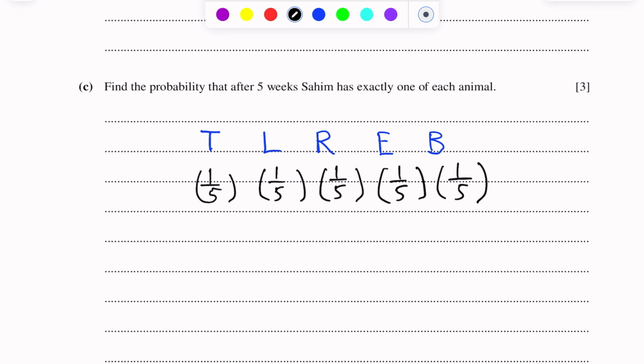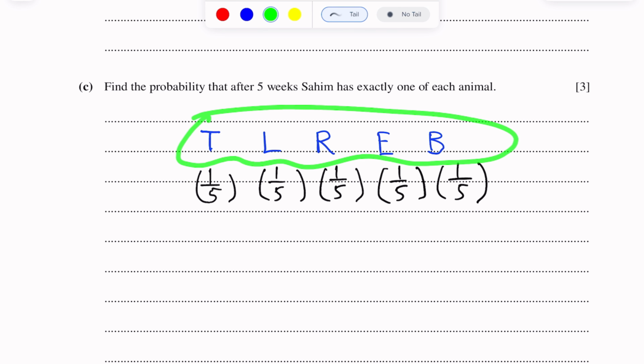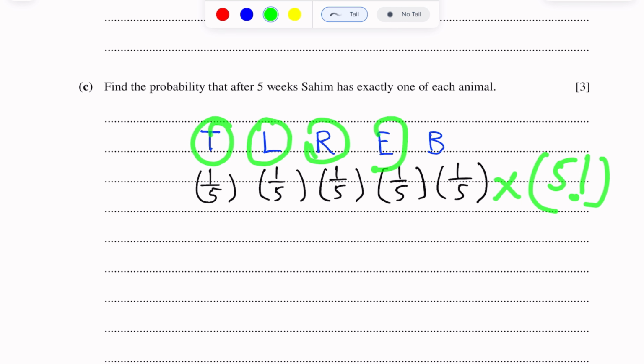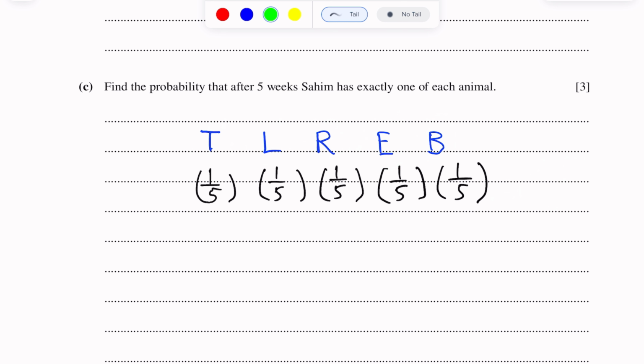Now, since these are five different animals, we can arrange these five animals in 5 factorial ways. So we will multiply here with 5 factorial because these five different animals can be arranged in 5 factorial ways.